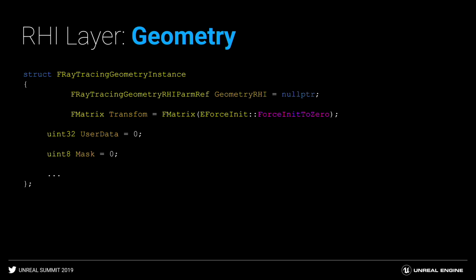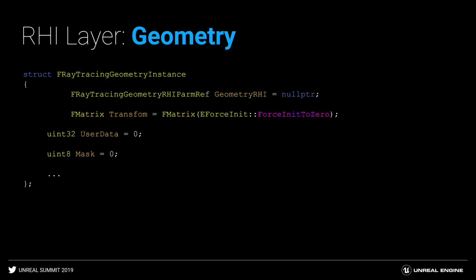Layered on top of that, there's the ray tracing geometry instance, which is just a reference to the geometry combined with a transform. This is the natural abstraction to instance multiple copies of the same object throughout the world. Along with the transform, there's also some user data that can be used for custom purposes in shaders.